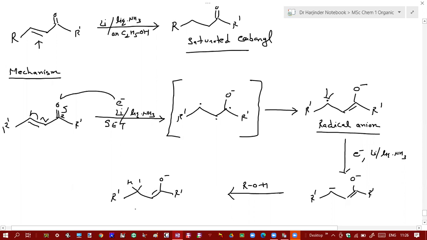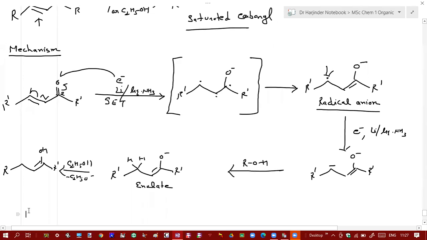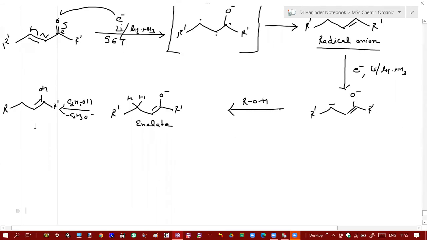to give rise to enolate. And this enolate will again take H plus ion from ethanol, which is your proton source, to give rise to enol. And now this enol, what will happen to this enol? Tautomerize to ketone.